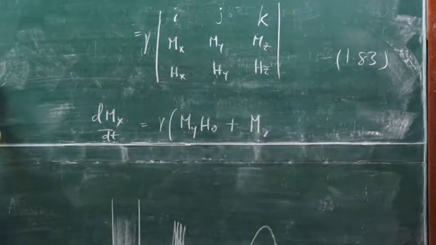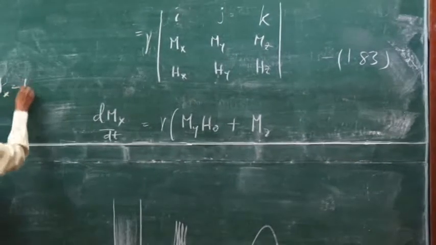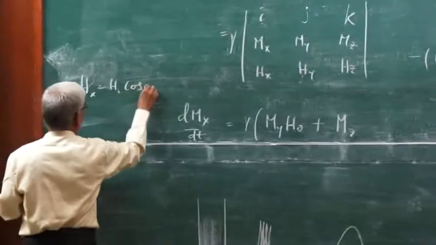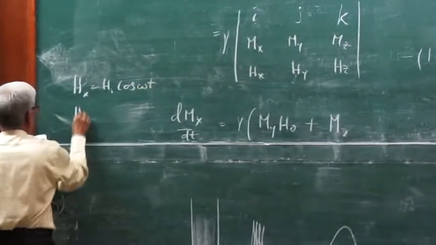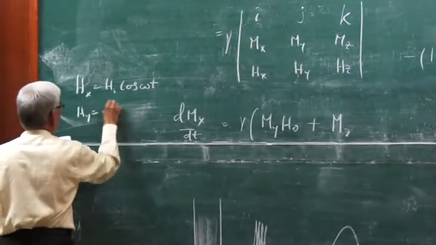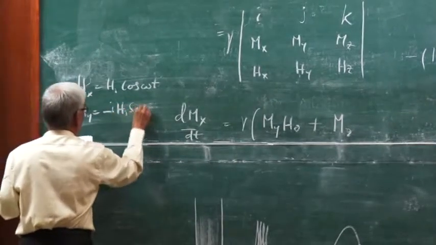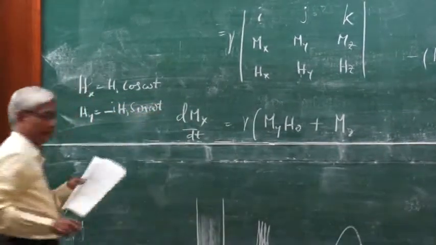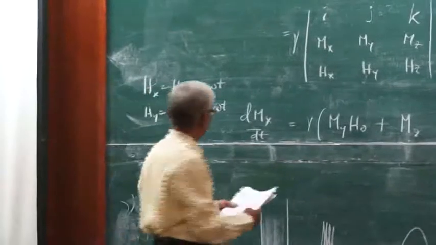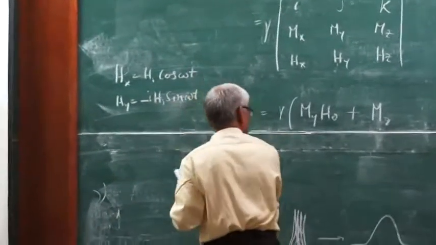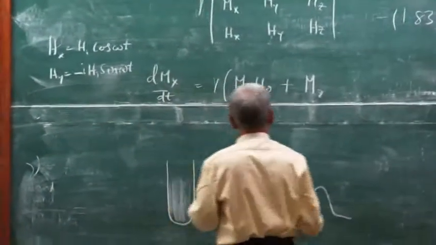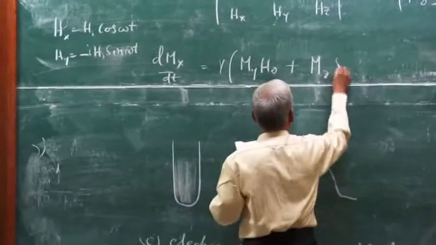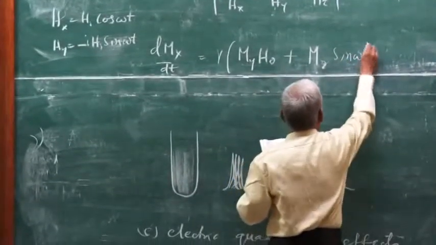So we choose Hx is equal to H1 cosine omega t and Hy is equal to minus H1 sine omega t. H1 sine omega t.